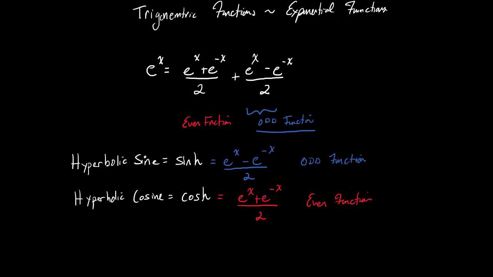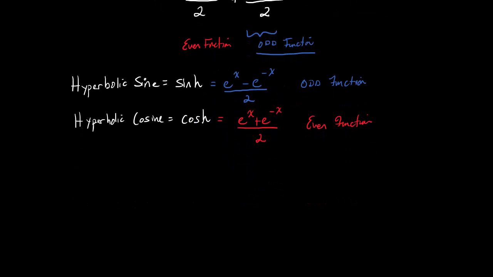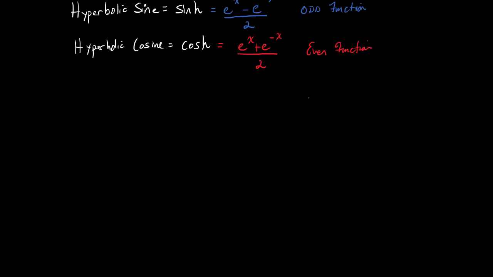Once we graph these, I think they will be a little bit easier to see than just memorizing whether even or odd. Right now we're starting to look a little patriotic. Let's cover the rest of our hyperbolic functions so we know what they are. We've covered sinh and cosh.